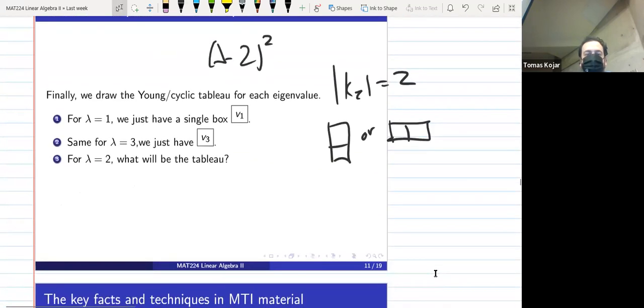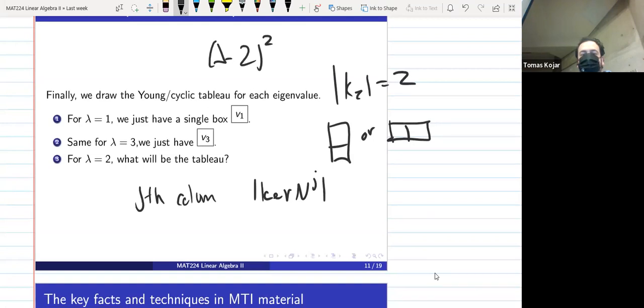In general, when they ask you for the jth column, so if you see some line of like the signature, the jth column is kernel of n^j minus kernel of n^(j-1).